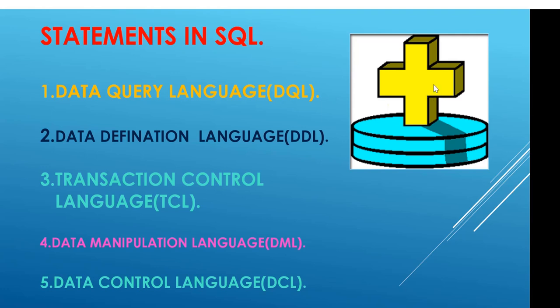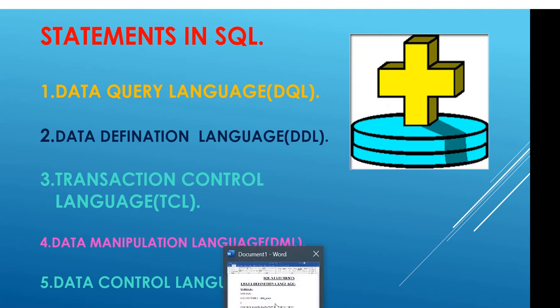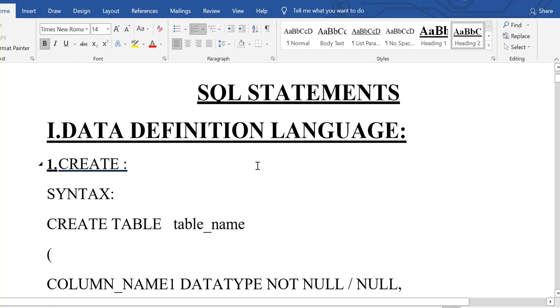What is data query language? It is one of the statements which is used to retrieve data from the database. Again, in this data query language we have 4 statements: select, projection, selection, and joins.